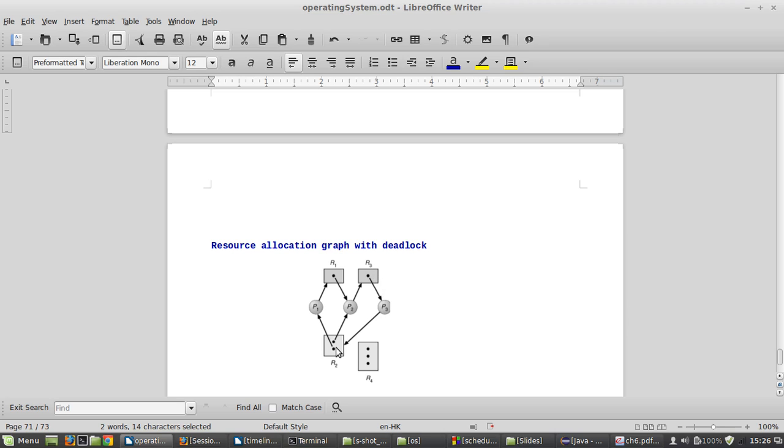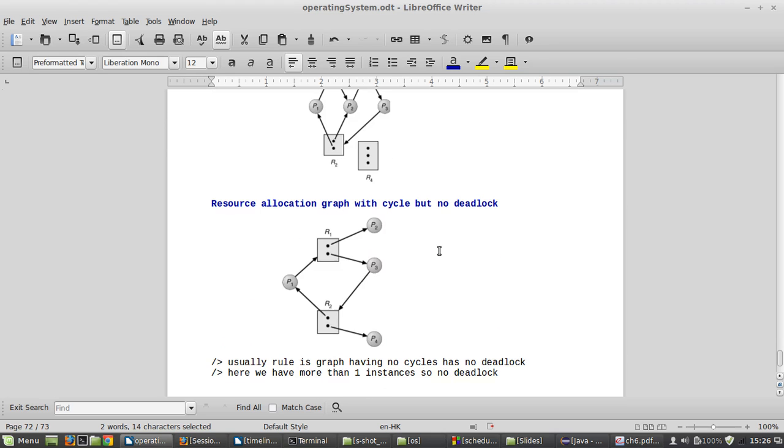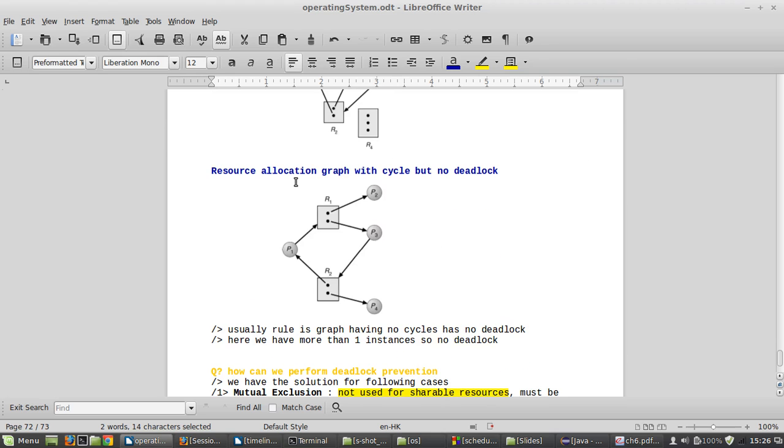In a similar situation, process 3 is waiting for resources from R3 and acquiring the resources of R2. So there is some kind of chain reaction there, right? And similarly, deadlock occurred here.